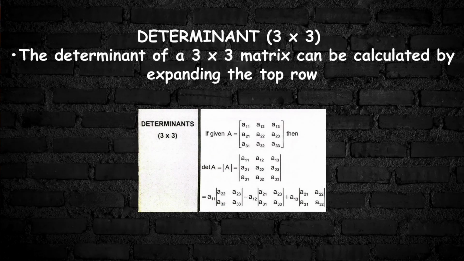Determinant 3 by 3. The determinant of a 3 by 3 matrix can be calculated by expanding the top row.